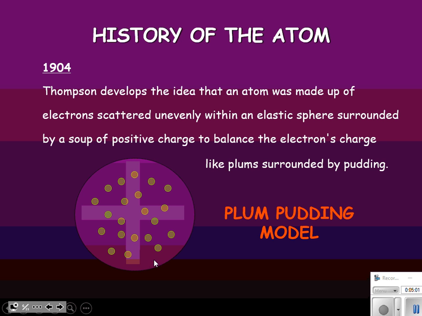That's more what it was like to me. These little spheres, Thomson said, were electrons. This whole purple area was positive charges, and the positive charges balanced out the negative charges. So we credit J.J. Thomson with the discovery of the electron.